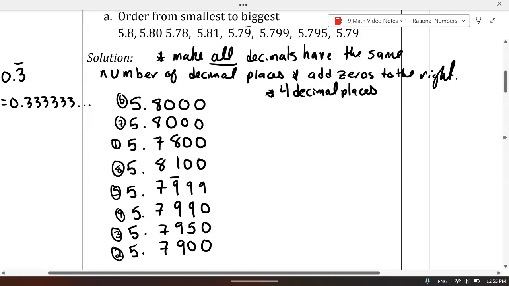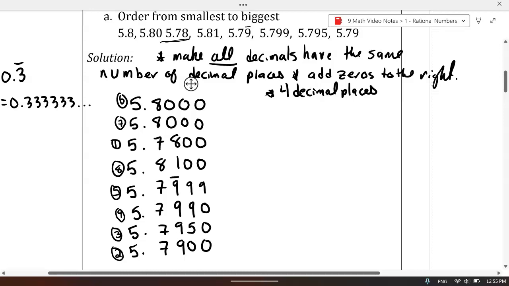Now the reason why I ordered them like this is because when you answer it, I don't actually want you to answer it with all the decimal places. What I want you to do is go back to the original and write it out like that. So my smallest number is going to be 5.7800, but in the question, it reads as 5.78. So when I'm creating my list, I'm referring back to the numbers up top.